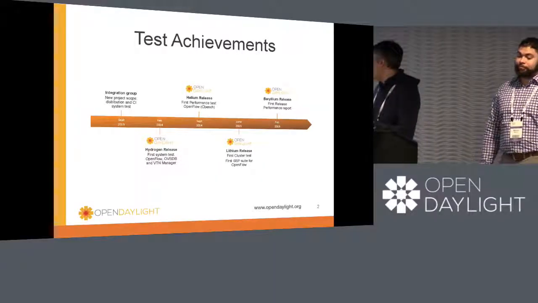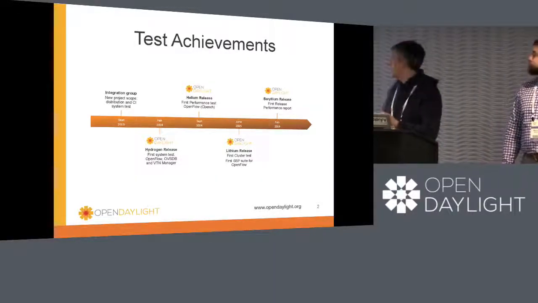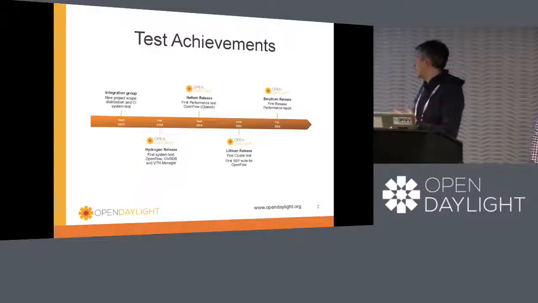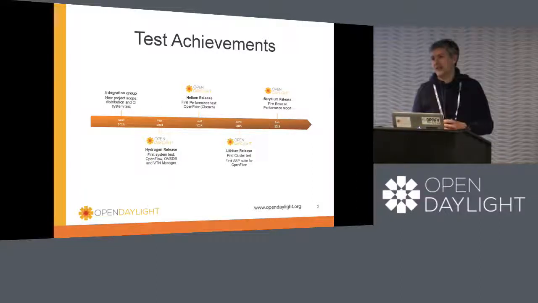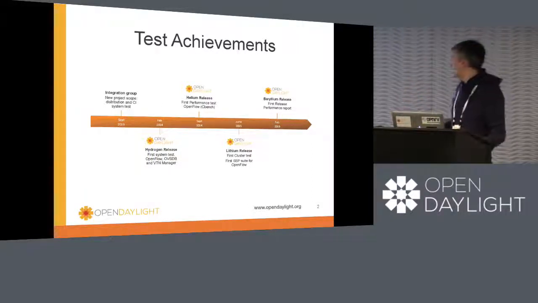At that time, we did it only for OpenFlow. So we took the OpenFlow plugin and did a scalability test and a performance test, all the way we know, and then some scalability and stability tests as well. And Lithium was also the first time we saw a cluster test in OpenDaylight. A very simple cluster test, only for data replication, but we got that in the Lithium release.